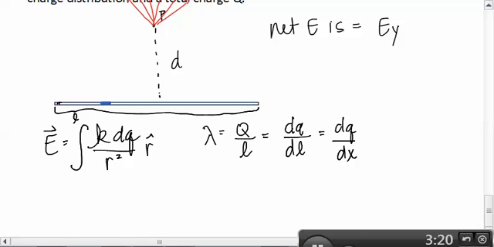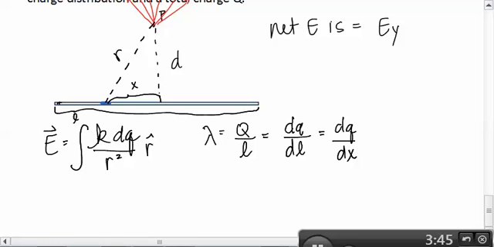Little bit of charge at that point right there. That little bit of charge is a distance R from point P, and it's a distance x from the point where P is right over the rod.